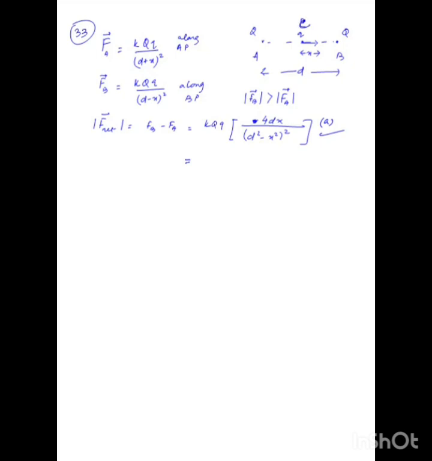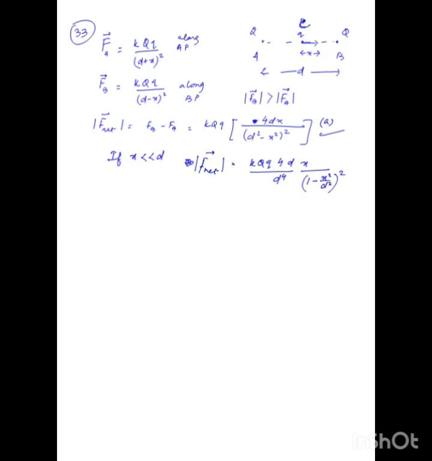Now if x is much less than d, we can have the net force in magnitude equal to KQq, and we keep the 4d and x outside. In the denominator, if we take d squared common, we get d raised to the power 4, and within the bracket 1 minus x squared over d squared, whole squared.